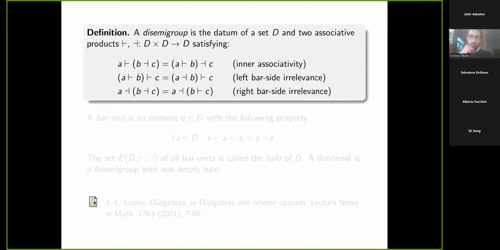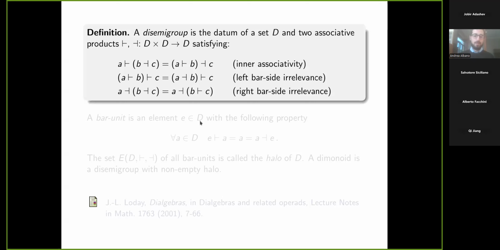A di-semigroup is a set D together with two associative operations, two associative products, that satisfy the equations that you can see on screen. Now, the idea here is that these semigroups should, in a sense, furnish a split notion of semigroups. And indeed, the identities that you can see do exactly this.